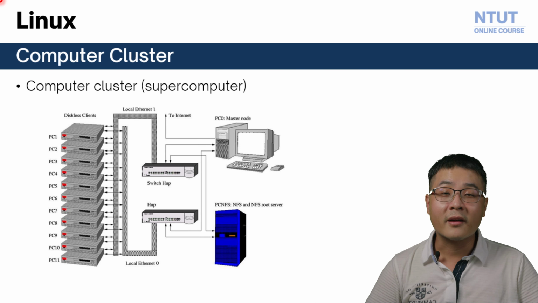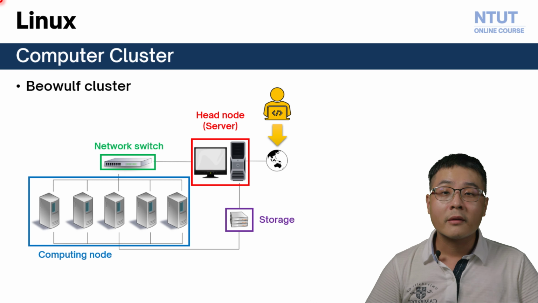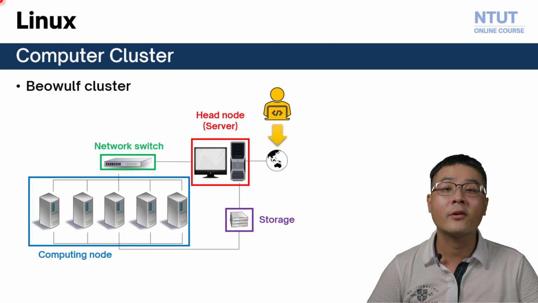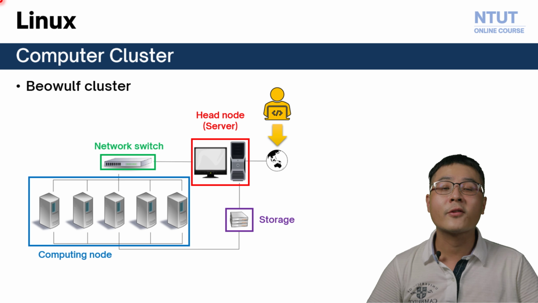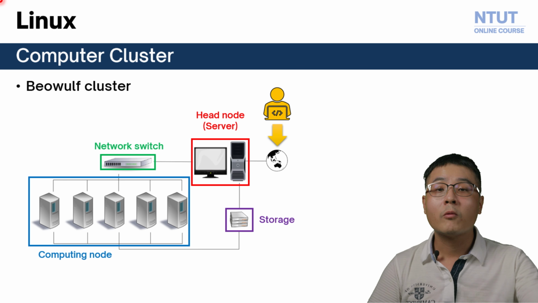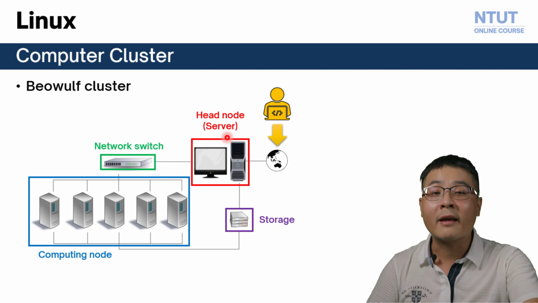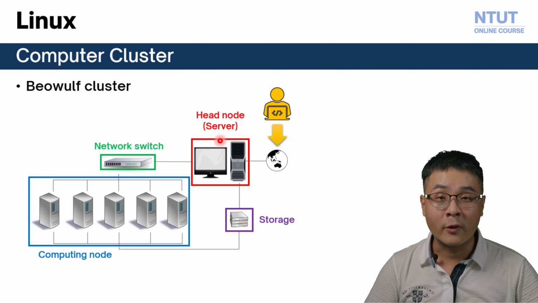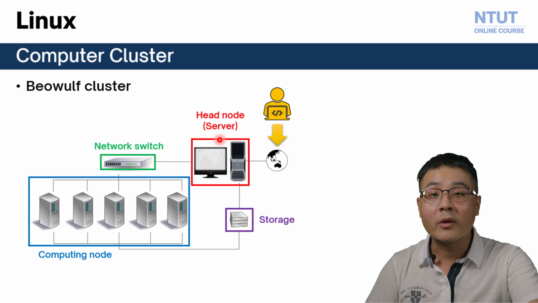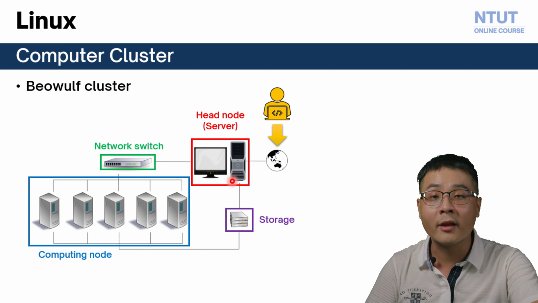So let's make a more brief plot. In this kind of structure of a computer cluster, we typically call it a Beowulf cluster. So here we will have a head node. You can treat it as the top of a computer, and we have a network switch making an interconnection between the head node and all of the computing nodes.